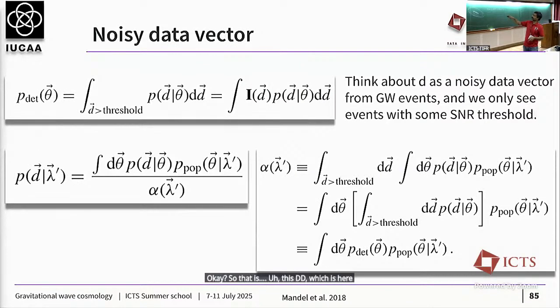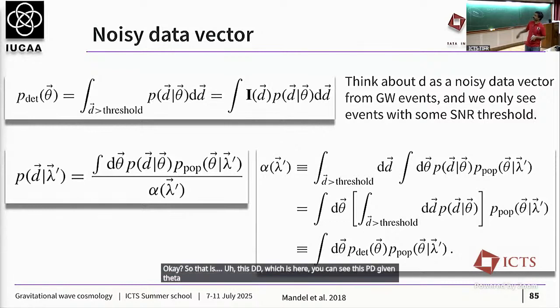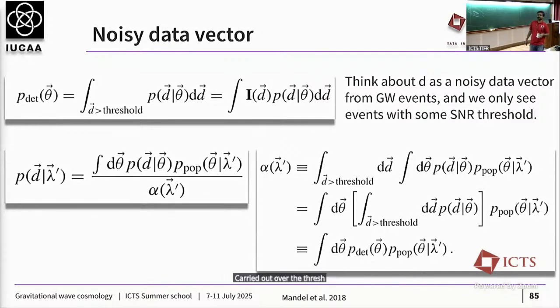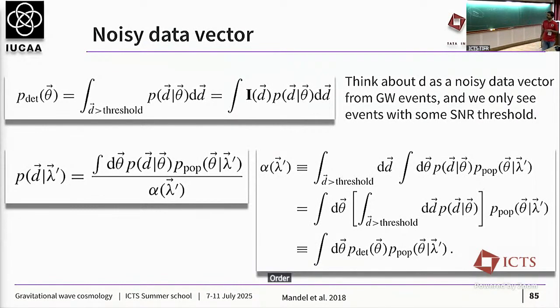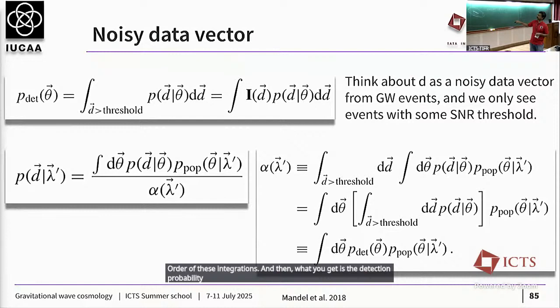You can see this p of d given theta, and then the p pop of theta carried out over the threshold. Then you can take this integral inside, take the theta integral, so you're just reversing the order of these integrations. And then what you get is the detection probability itself, which goes in here.